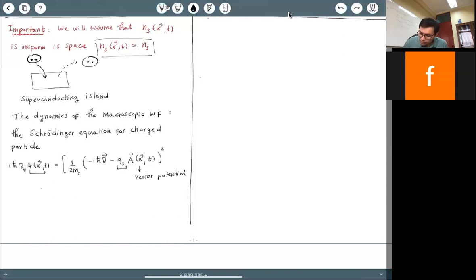But plus, because we have a charged superfluid, there is also a coupling to some scalar potential. So this sum continues here, and then everything is applied to the macroscopic wave function.